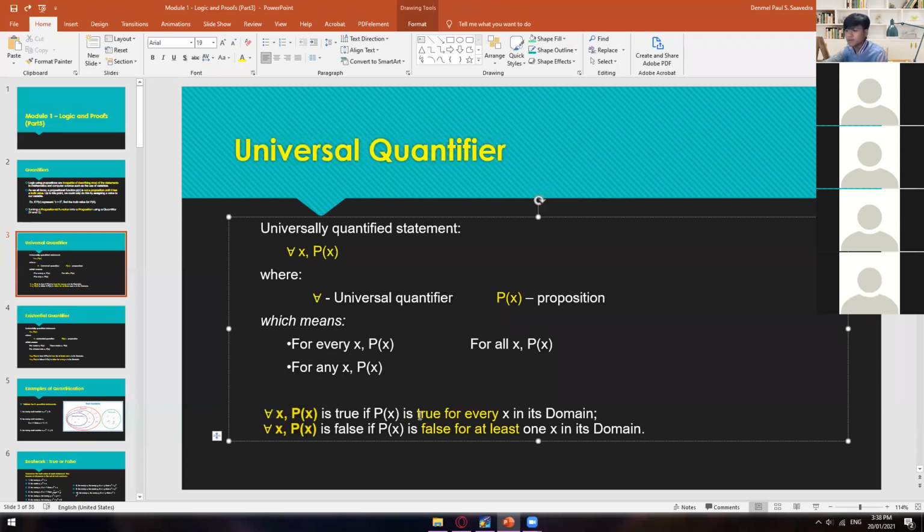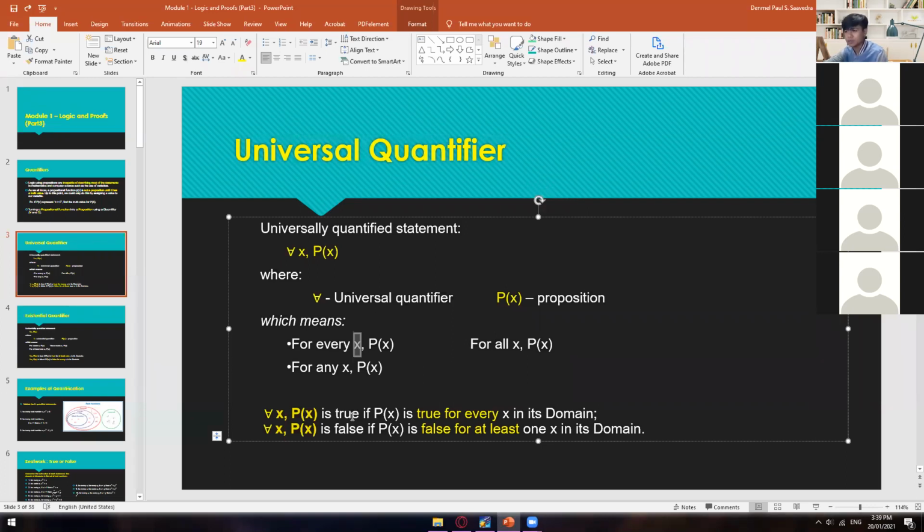If there is at least one x that is not true, then that is already a false proposition. The opposite here is that if there is at least one x in its domain for which it is false, then it is already false. So in universal, all of the possible values for x should be true to make it true, all throughout. Because if not, then that is not a legitimate true universal.